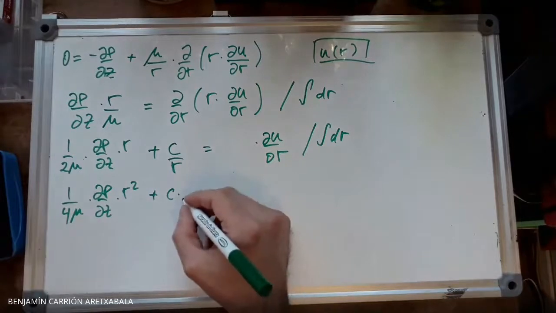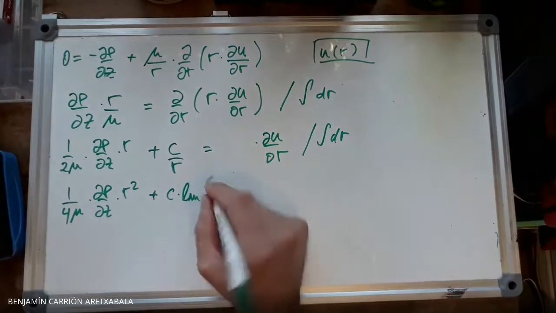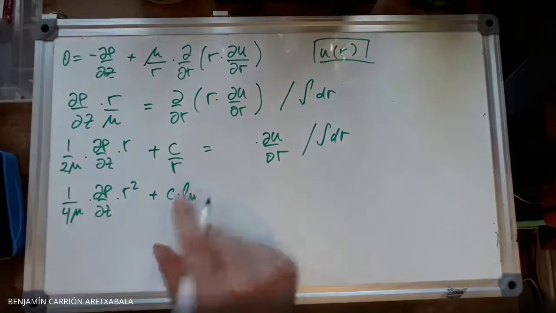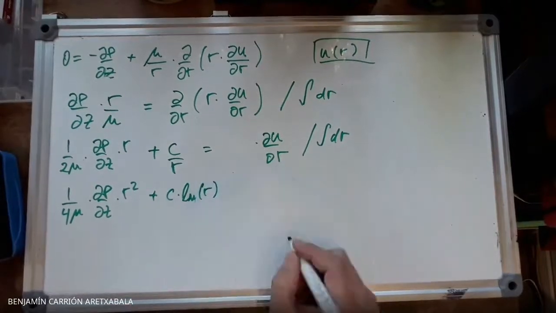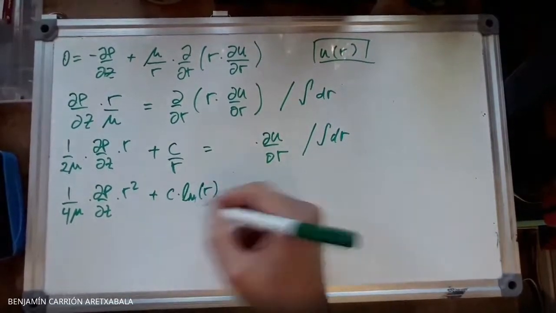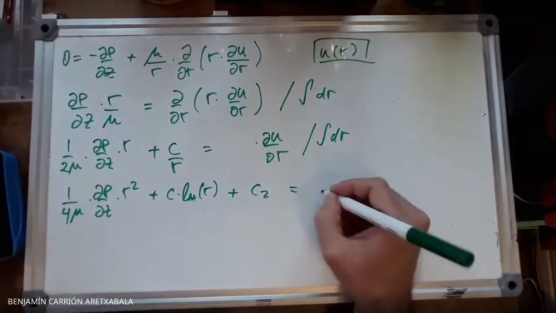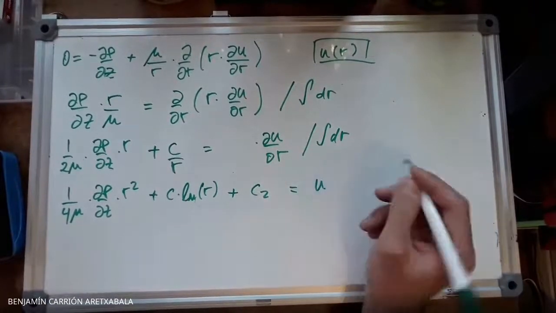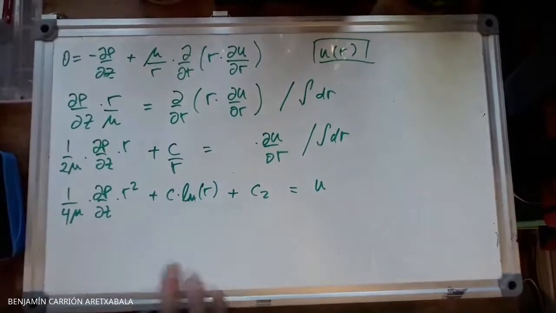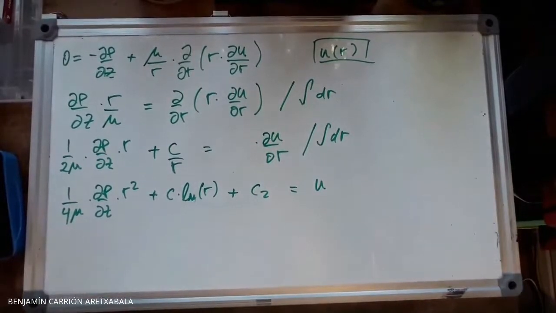Okay, this is a natural logarithm of r plus another constant, and this is u. Okay, so this is the expression for u. Yes? Is it clear?